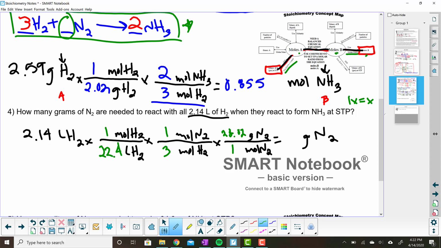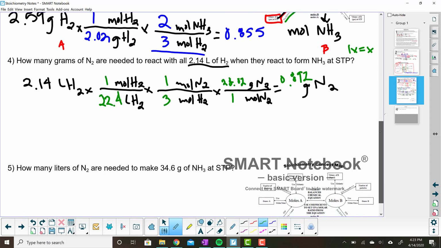When we solve, we get 0.892 grams of N2. That's how much nitrogen is needed to react with 2.14 liters of hydrogen. That's how we use the mole map. Let's keep doing some more examples, see if we need any more help.